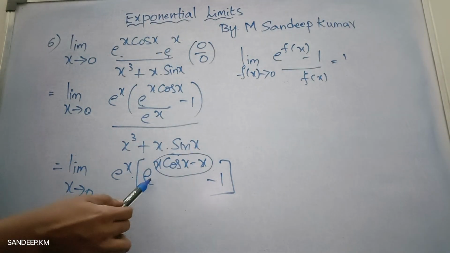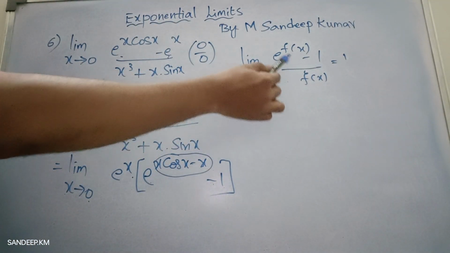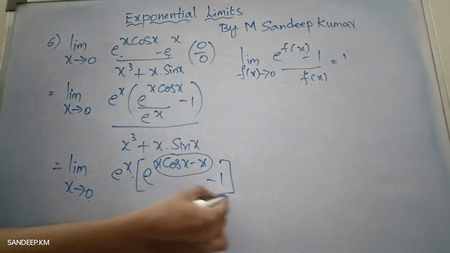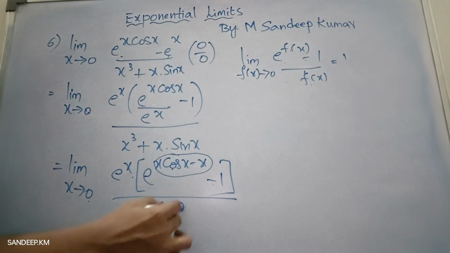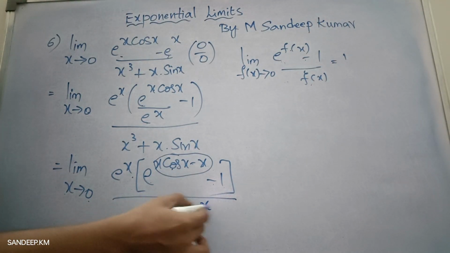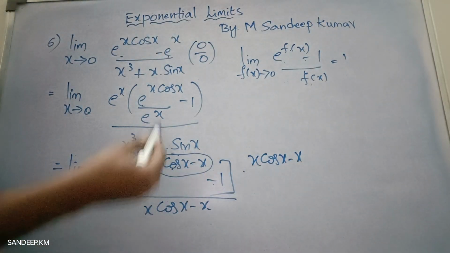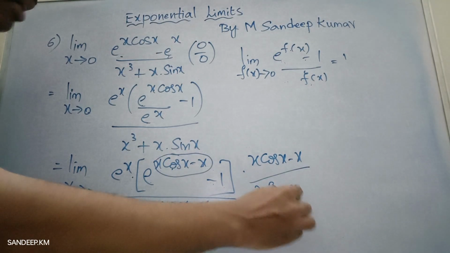So it is in the form of e power f of x minus 1. If it is in the form of e power f of x minus 1, I want f of x in the denominator. So let me divide it with this f of x, which means x cos x minus x. I divided with this, now let me also multiply with it, x cos x minus x. And already in the denominator, divided by x cube plus x into sin x.